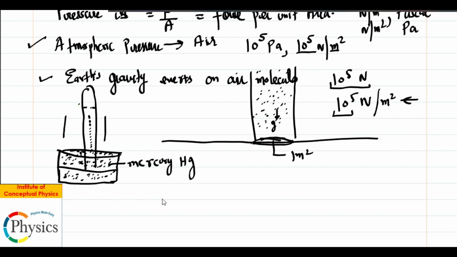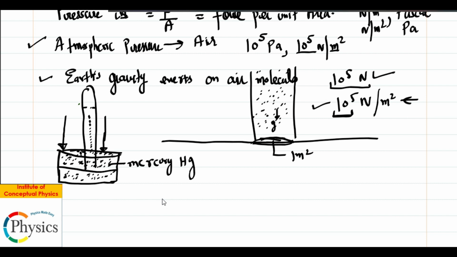All these places have atmosphere, and the atmosphere, we just learnt, has the capability to exert force. We measure it on a per meter square basis, and we know this much force gets applied. So this container also is facing the same pressure.